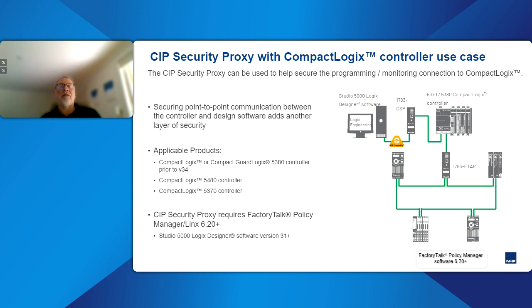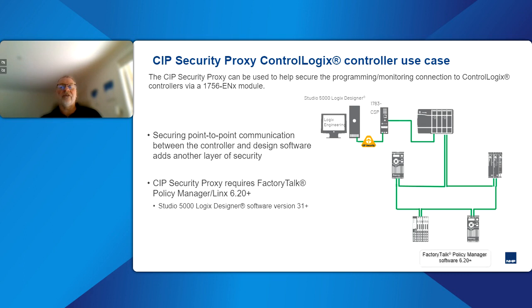It's a problem with a thing called unoriginated connections. But anyway, I won't get into it here, but at the moment, it's only the engineering software that's supported. So you need secure programming, and the same applies to ControlLogix. If you needed another secure port out here, you could quite happily do the same using a CIP security proxy.